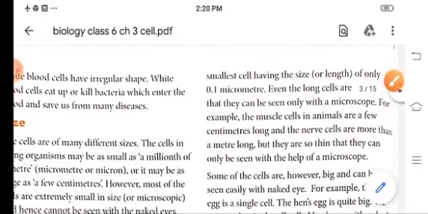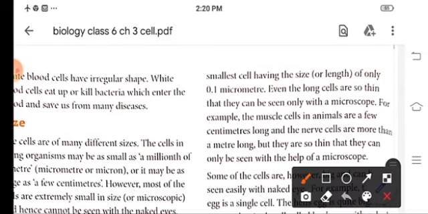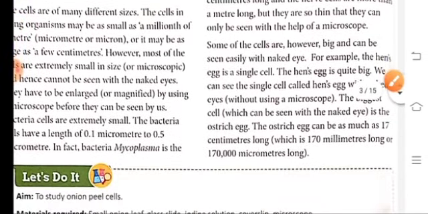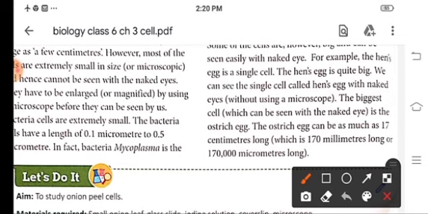Whereas the cell which is largest in size is the egg cell of a bird. Now the bird's egg is a single cell and it is big. We can see it with our naked eyes. So the ostrich egg is the largest cell on this earth.